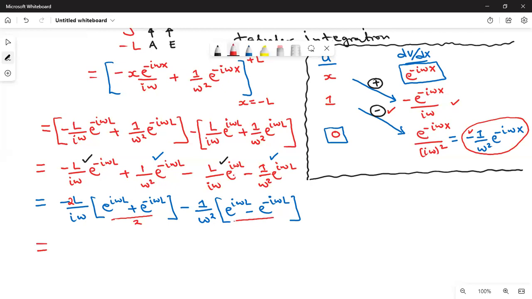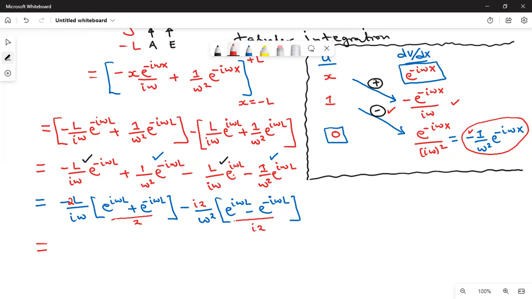This one I'll divide by i2. And here I have to multiply this by i2. So let me just rub the one here. I'm multiplying this by i2. So I'm going to write i2. You see what we have there?